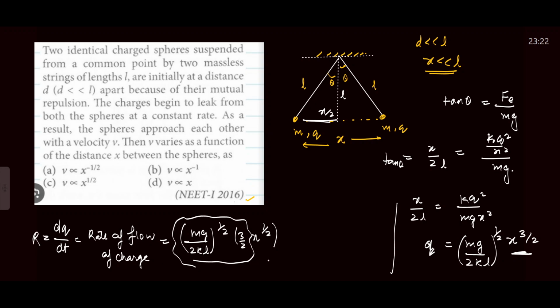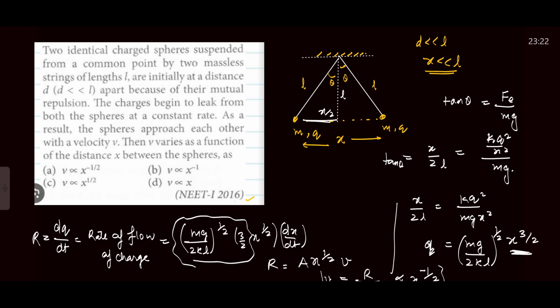So you can say this r is equal to constant a times x to the power 1 by 2 times dx by dt, because when you differentiate x with respect to time, you get dx by dt, which is nothing else but velocity. So velocity is equal to r upon a times x to the power 1 by 2, or we can say it is directly proportional to x to the power minus 1 by 2.